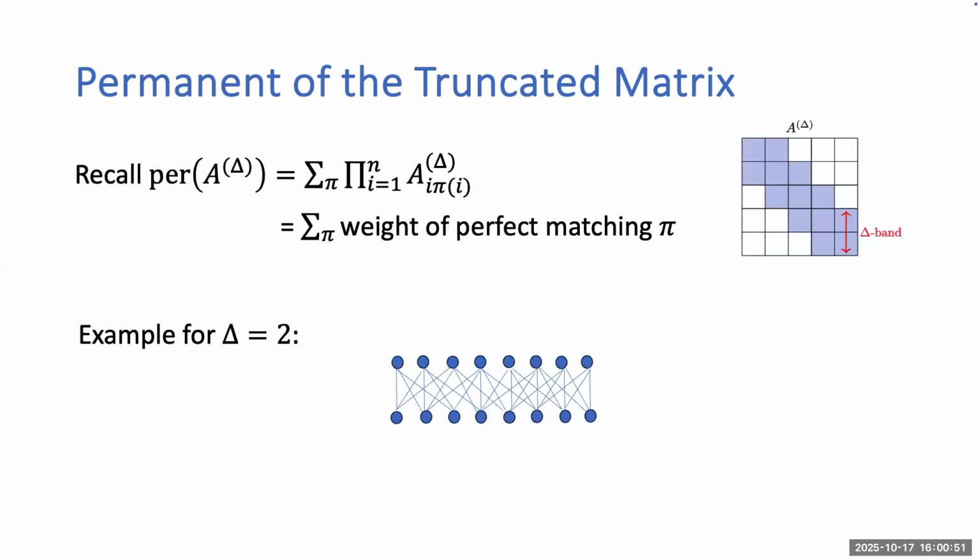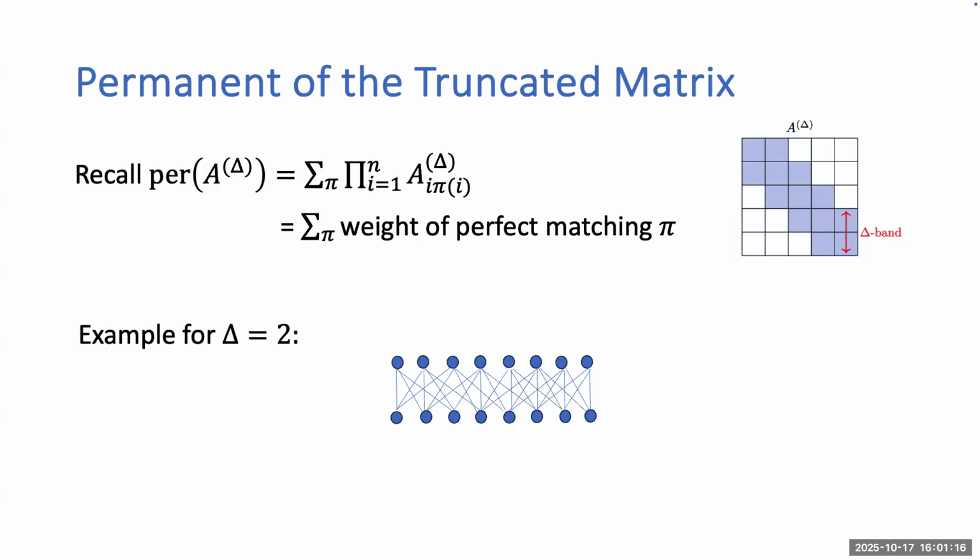Here I have this banded matrix whose permanent I want to compute exactly. I'm using a few things that are equivalent: matching is similar to permanents, and permanents are similar to the Mallows model. Let's say, for example, delta is equal to 2.